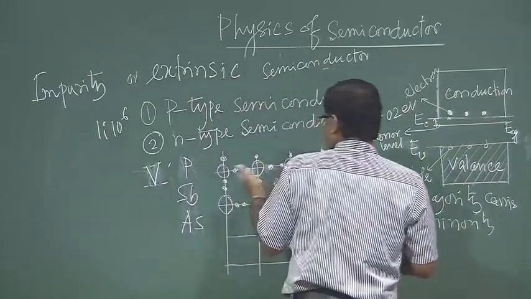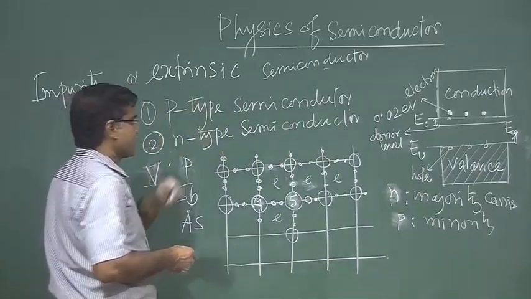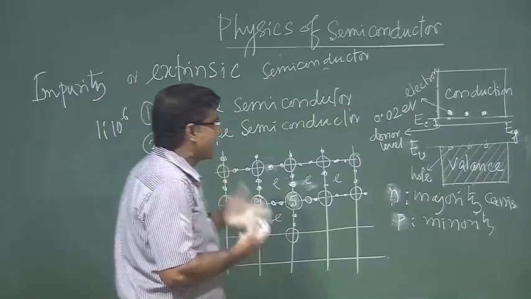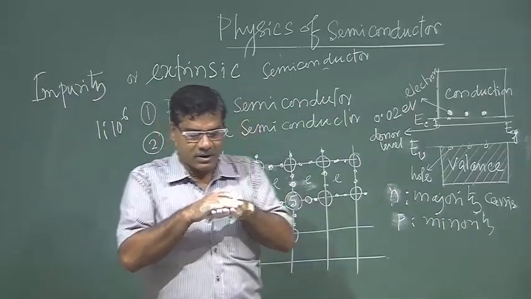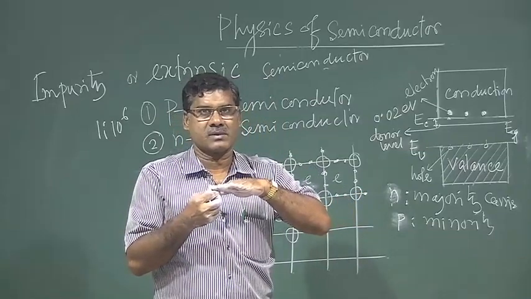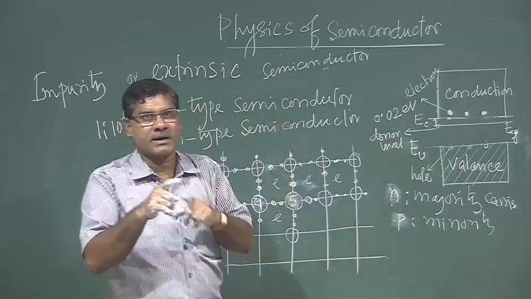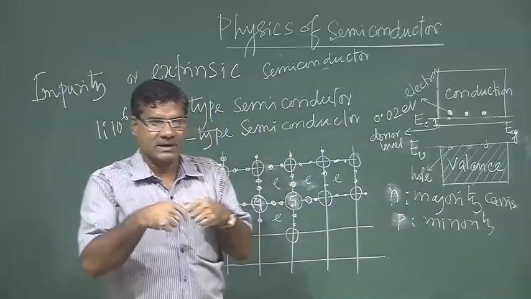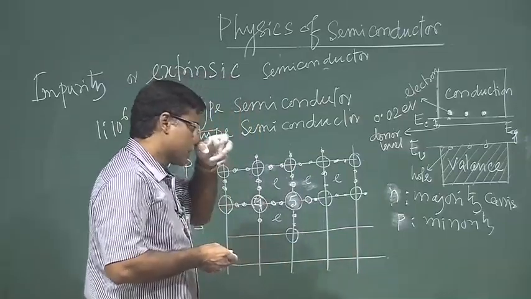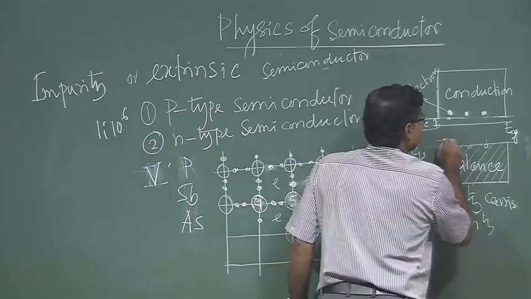And in case of the p type semiconductor, the dopant has an accepting level. There is a shortage of electrons: only 3 electrons are there, because for bonding we need 4 electrons to satisfy all the silicon bonds. So, one bond is not satisfied. This is called the acceptor level.